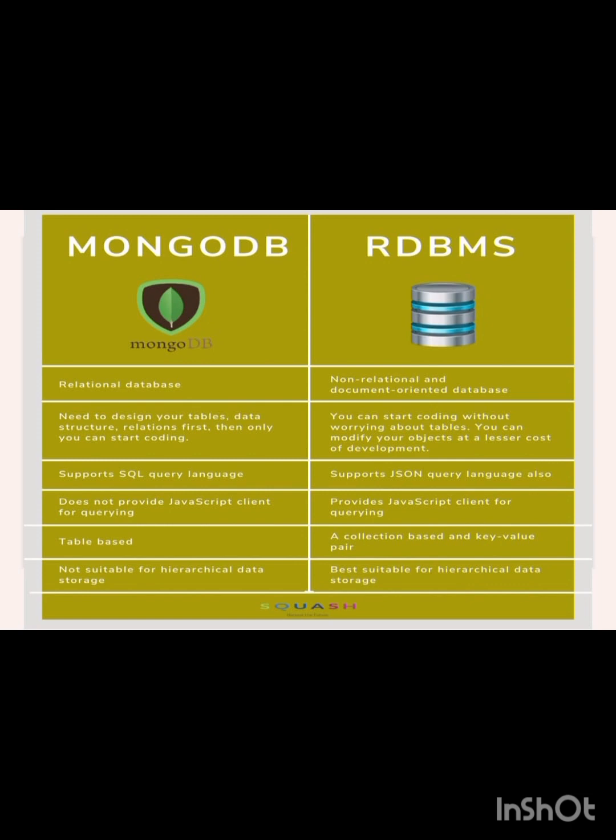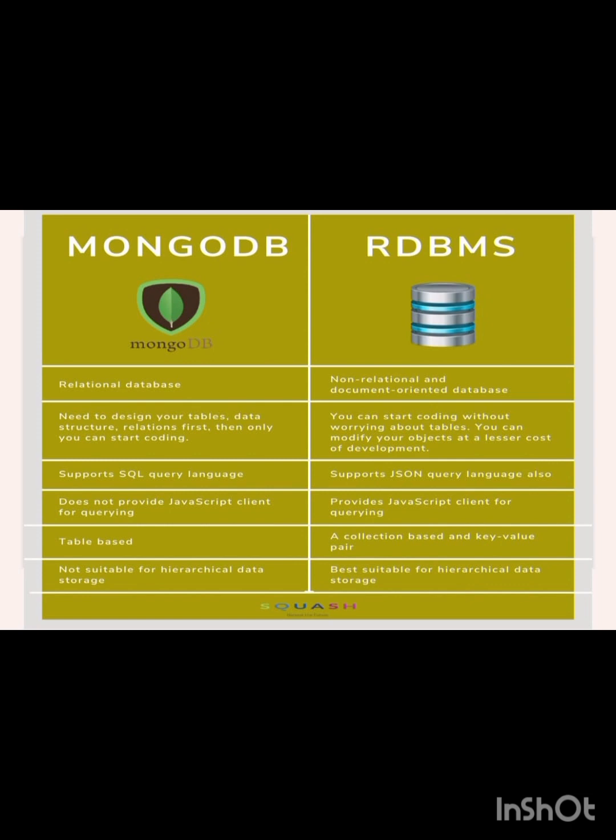RDBMS centers around ACID properties: atomicity, consistency, isolation, and durability, whereas MongoDB centers around the CAP theorem, that is consistency, availability, and partition tolerance. RDBMS is row based, MongoDB is document based. RDBMS is slower in comparison with MongoDB. MongoDB is almost 100 times faster than RDBMS.